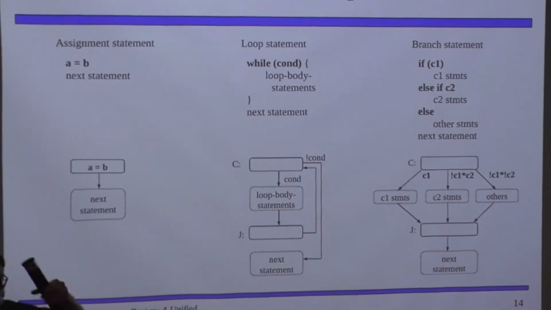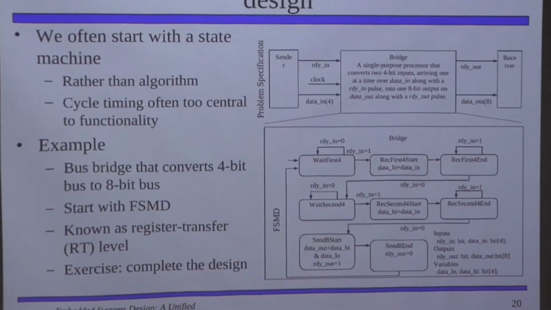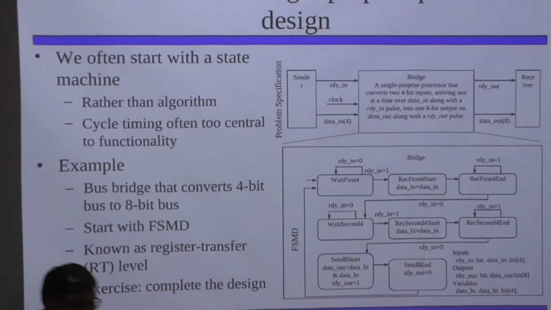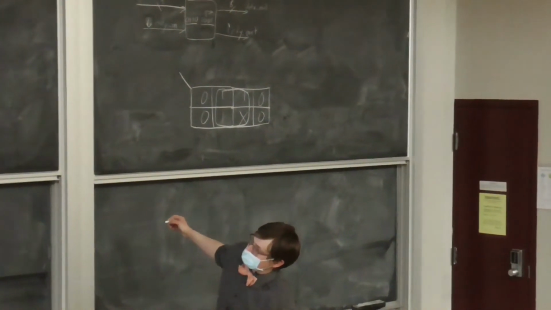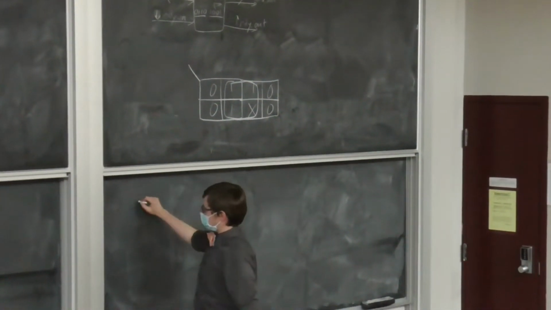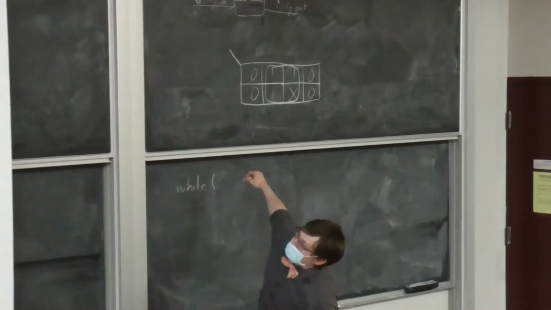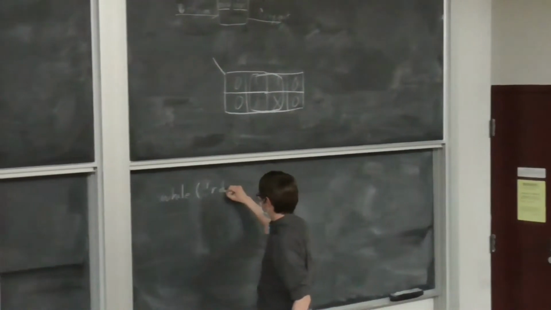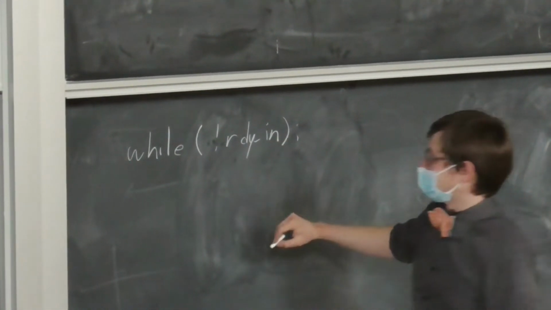So essentially, what this finite state machine here actually is, is a very simple C program that's written something like: while not ready in, and then nothing, so it just loops until it is, right?